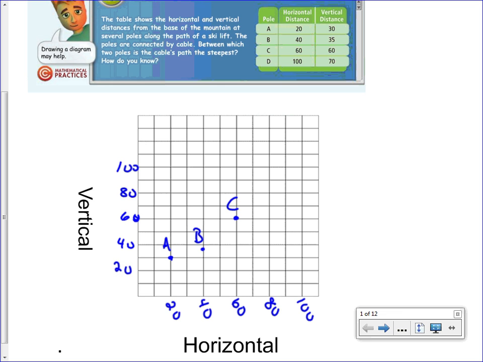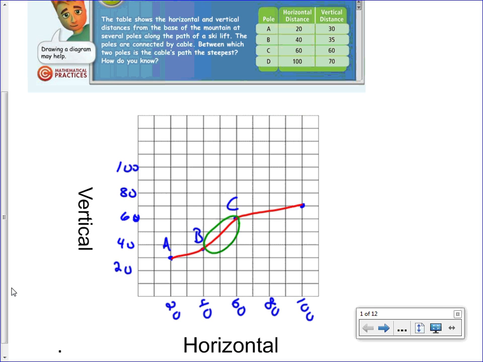And pole D is at 170. So visually it is easy to see between which two poles it is the steepest. It's easy to tell that between pole B and C we have the steepest section of cable.